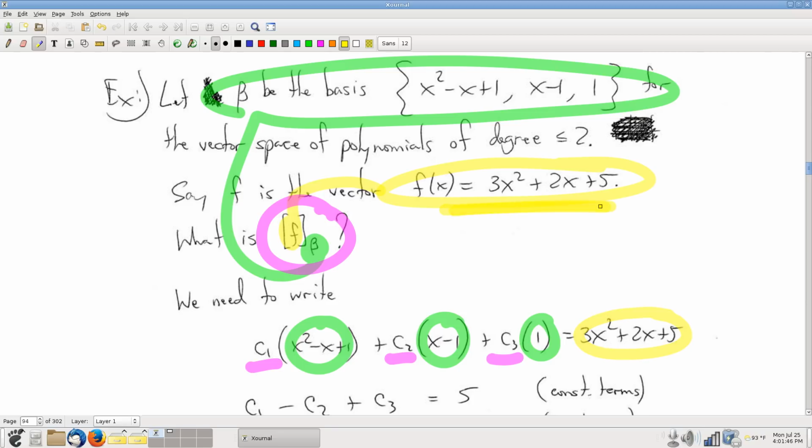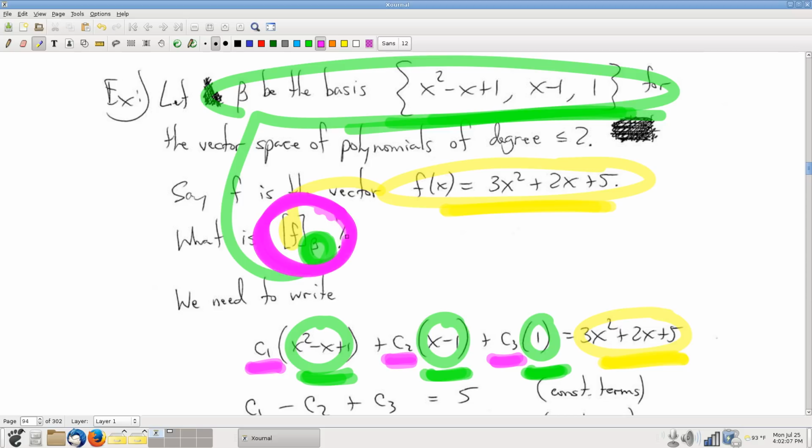So this is a linear combination of these. In what way? So what are these coefficients that make that a linear combination? Those coefficients are called the coordinates.